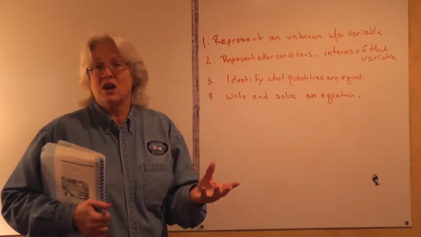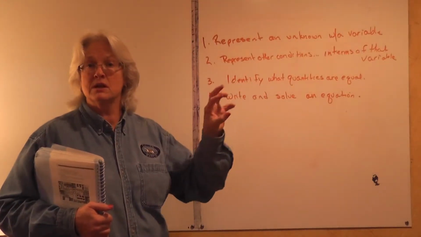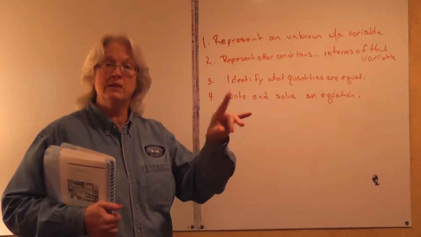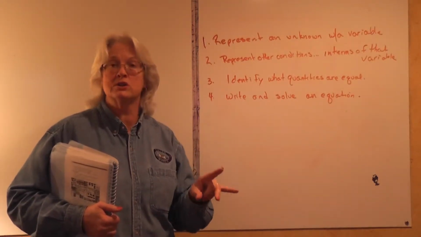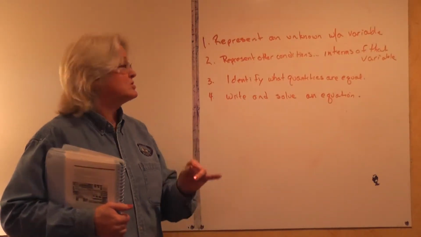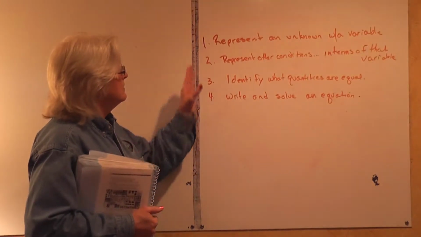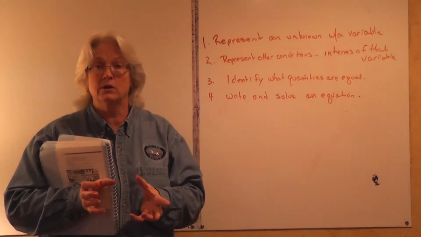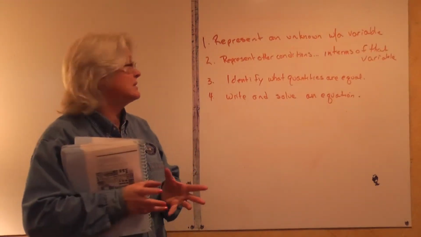Well, we're not going to use a J for John's age. We're going to say B plus 2 to be the expression that we use to represent John's age. So we've got all of our conditions represented using our variable.